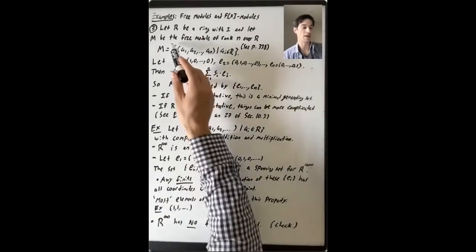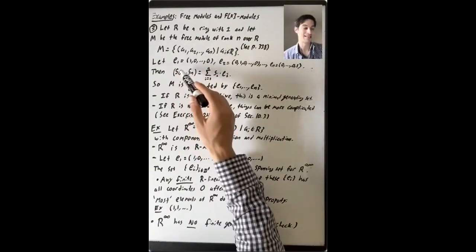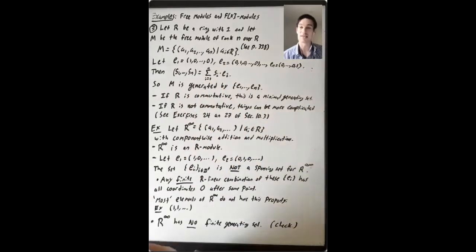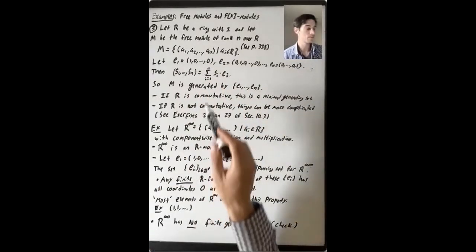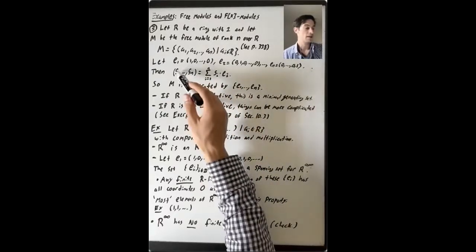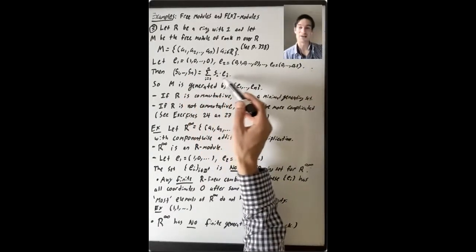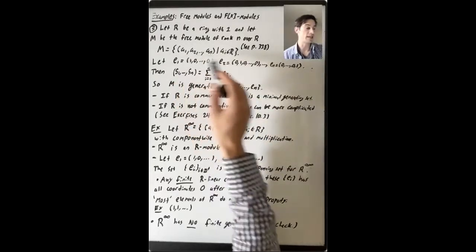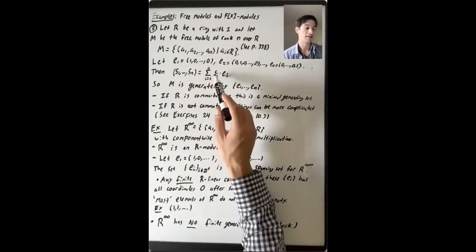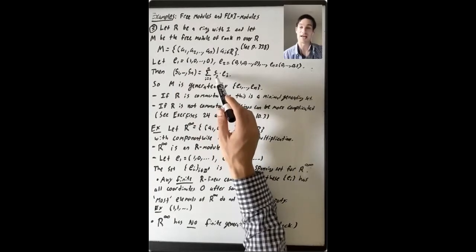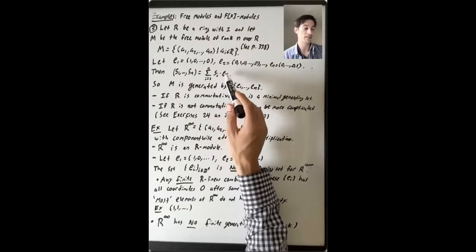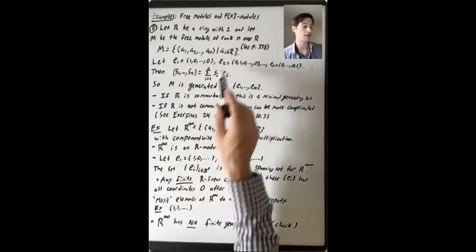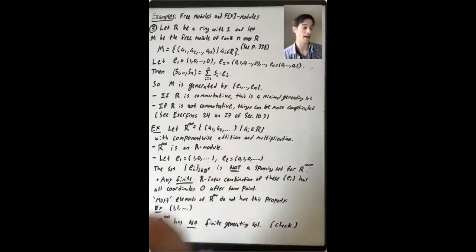Now we take any element of M, say (s1, s2, up through sn), where each of these si is some element of our ring. Well, this element is a finite R-linear combination of these e1, e2 up through en. It's the sum from i equals 1 to n of si times ei, where this is the action of the ring element si on the standard basis vector ei.